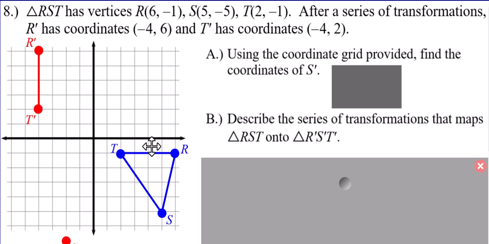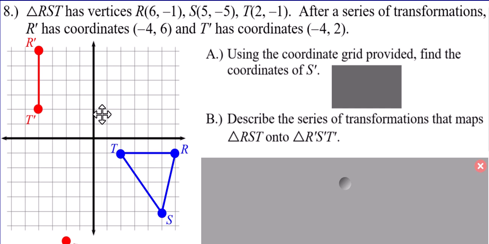So not a dilation, but it does look like to be a rotation because if it was a reflection, it wouldn't be going up and down. It'd be going left and right still. Yeah, so probably not a reflection over the x-axis or the y-axis. Now, reflections over the line y equals x could do some interesting things, but we're not going to go crazy with y equals x. This surely looks like a rotation to me, a 90-degree clockwise rotation.